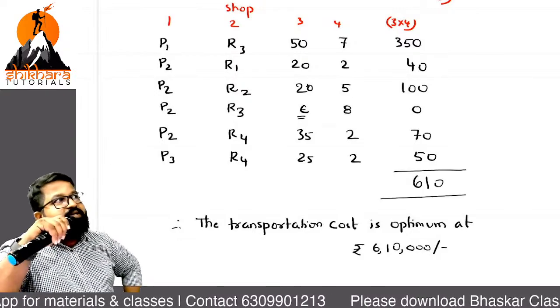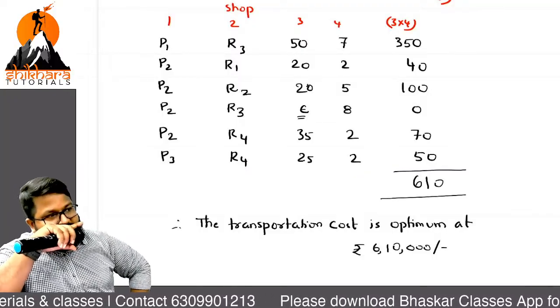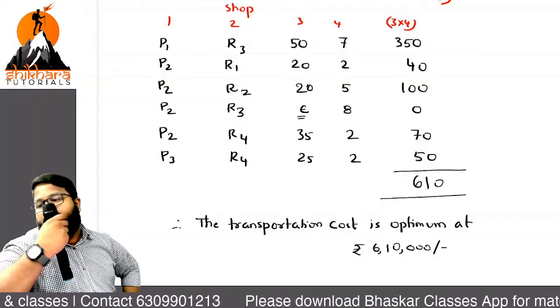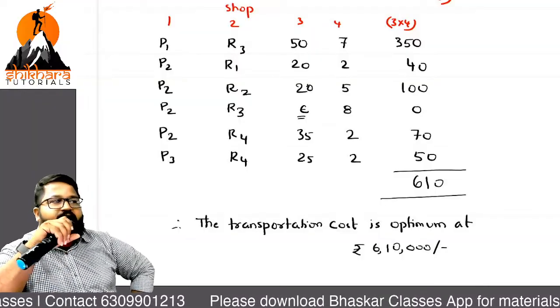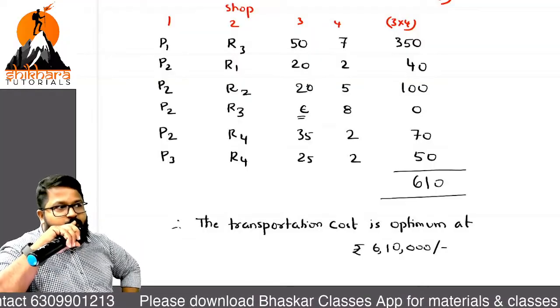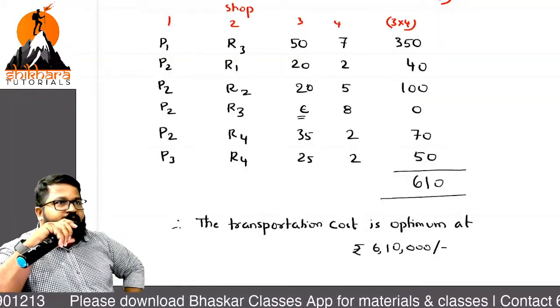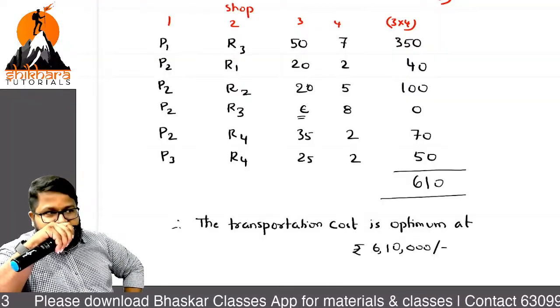Sir, when we started this question? When we started? 2:30. What is the time as of now, ma'am? 3:45. Okay, so how much time? 1 hour 15 minutes. So the exam is for 3 hours.